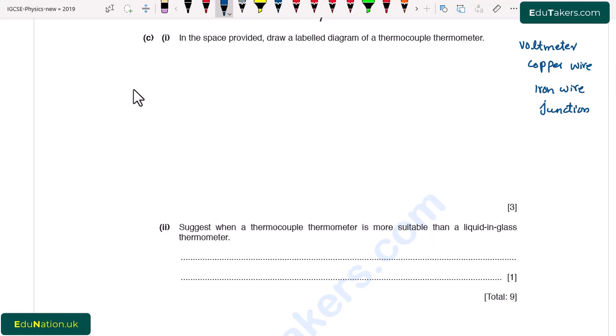So first of all, I consider this is iron wire and here is a voltmeter V. These are two junctions. One is the hot junction and the second is the cold junction.